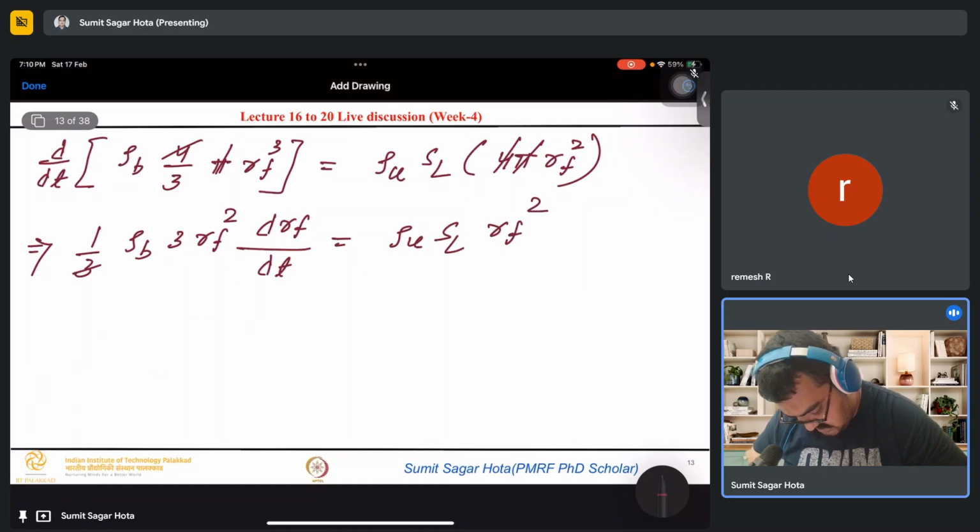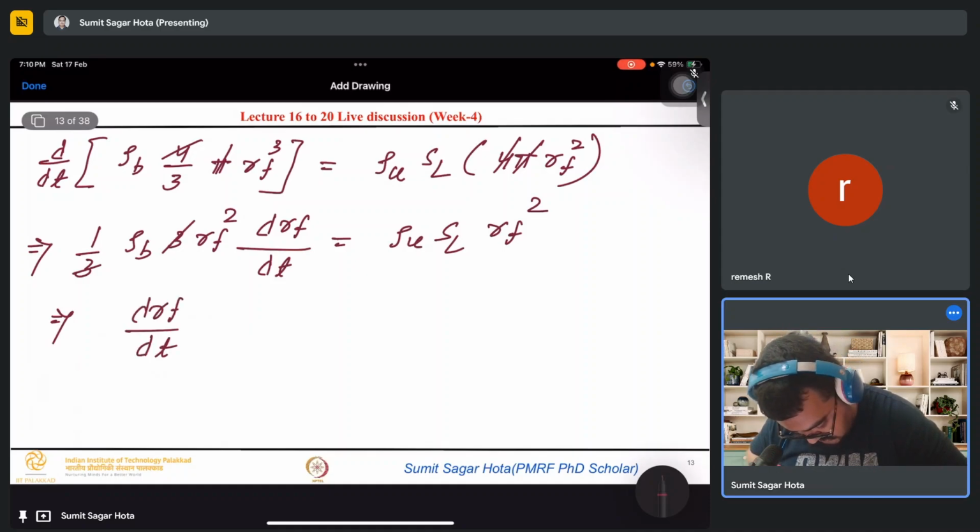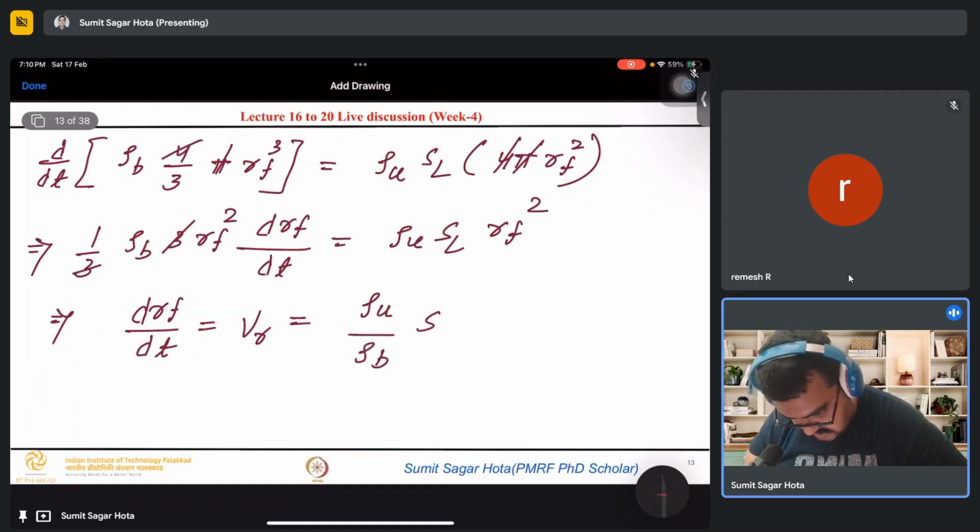The 3 gets cancelled, so drf by dt, which is your radial velocity, is equal to rho u by rho b into SL.